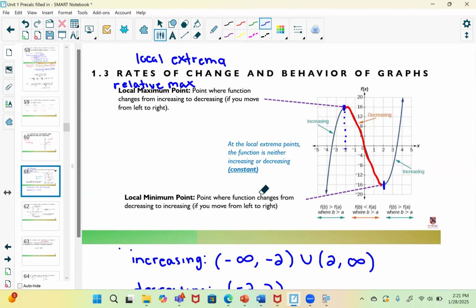The local min is the point where the function changes from decreasing to increasing. So here is a local min. Here is a local max. And again, another name for a local min is relative min.